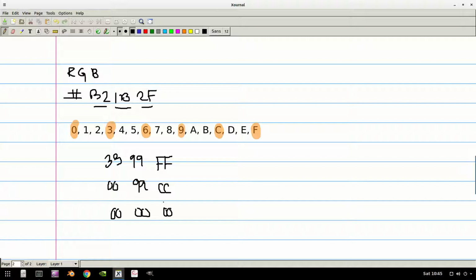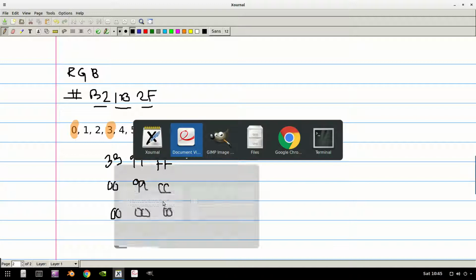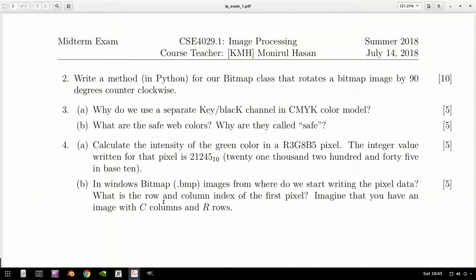And how many safe colors are there? You can look them up. I just wanted this concept to be there, and this is something that I didn't cover in class, but I wanted you to read the textbook.